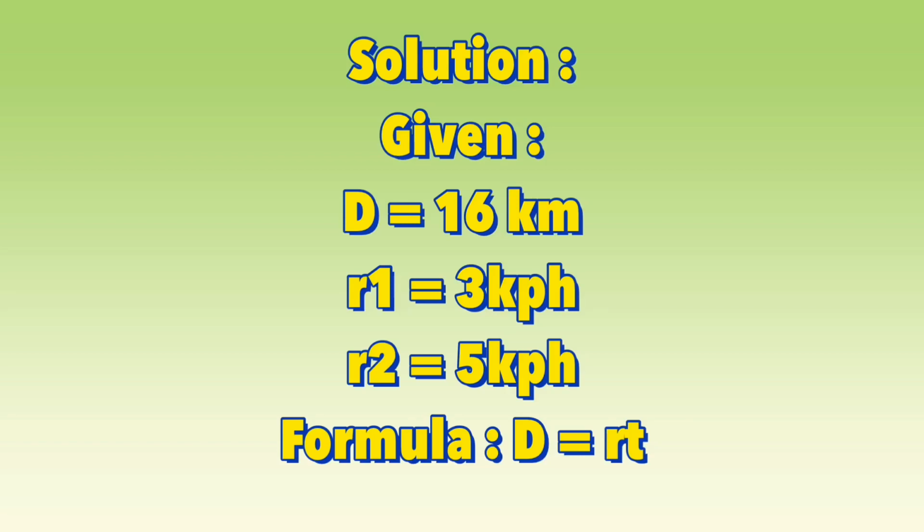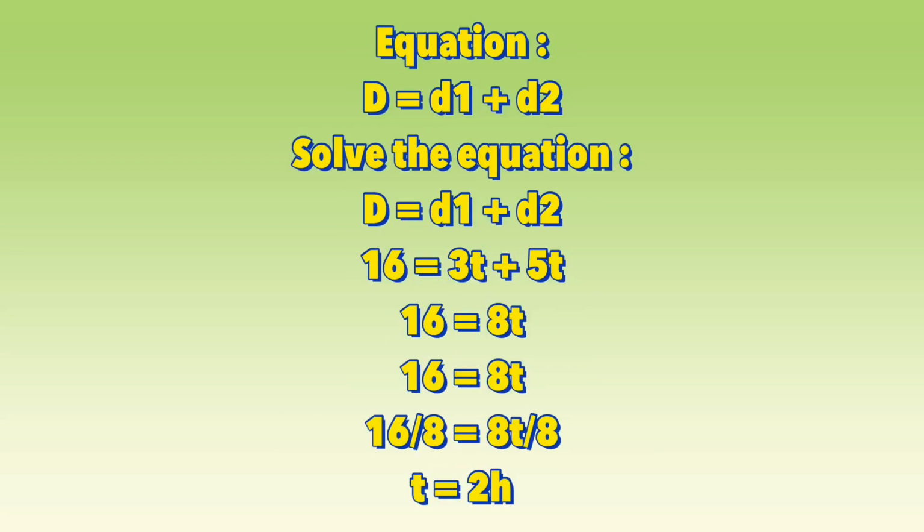Okay, equation 1, D1 equals the distance traveled by Lorna and D2 is the distance traveled by Peter. So we have to solve the equation. D equals the distance of Lorna plus the distance of Peter. And the given distance is 16 kilometers. You have to copy that.